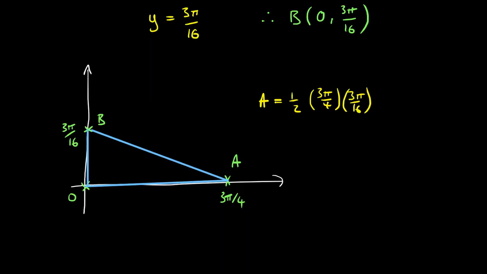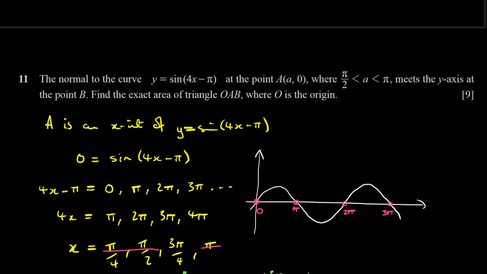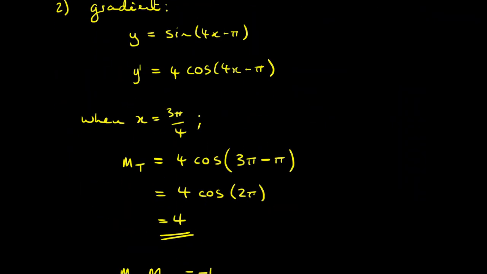Now if we multiply this out, we get 3π times 3π, which is 9π², over 2 times 4 times 16. That is 8 times 16, which is 128. So the answer should be 9π²/128. Let me just check that's everything we're asked. Yes, that's everything we're asked.